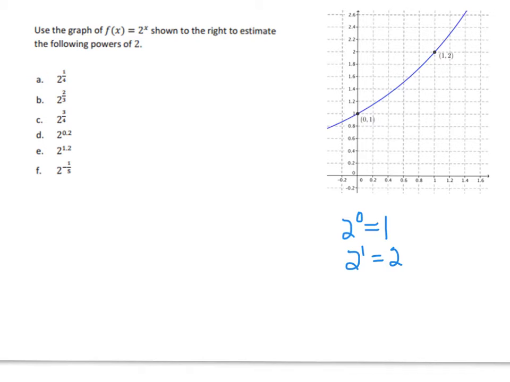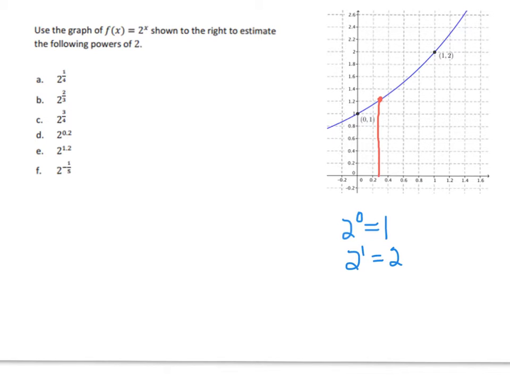So for example, the first one says, let's find 2 to the 1/4 power. 1/4 is the same as 0.25. So I'm going to draw in a line where I think 0.25 is going to be. I think I've gone a little too far over there, so let me try again. 0.25 will look something like this, and try to make it a nice straight line until you get up to that point.